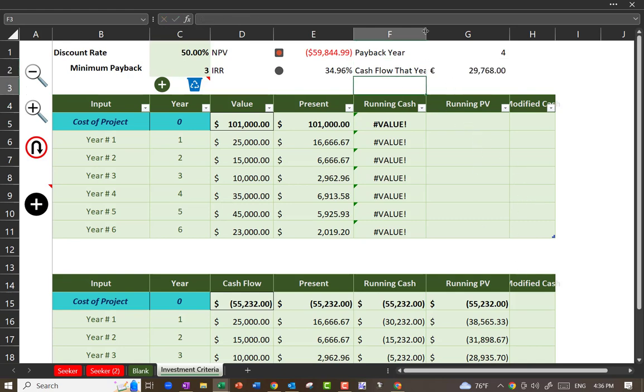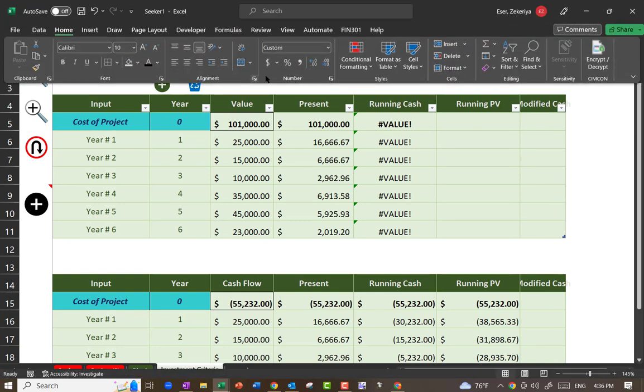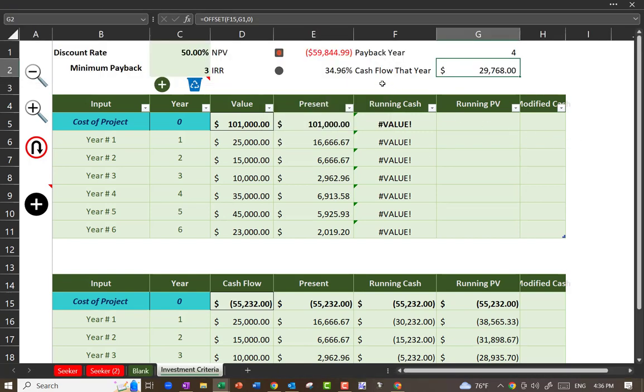Deficit year before. I'm going to do OFFSET again. I'm going to offset this by this minus 1 cells. Did I do it right? Let's see.